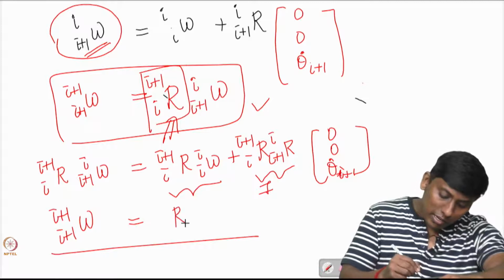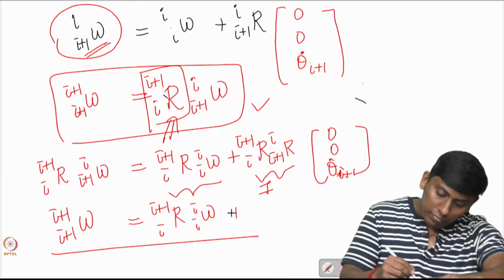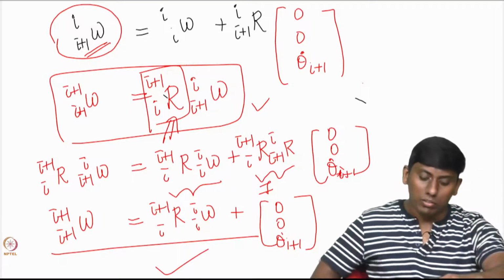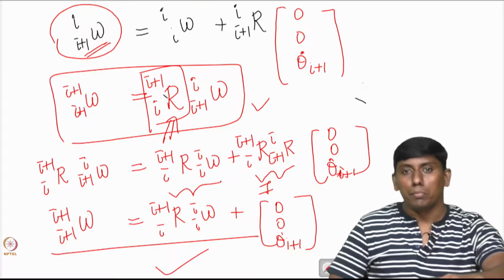So in the sense, I will write it this way. Right. So this is what we obtain. So this is what we call angular velocity propagation.